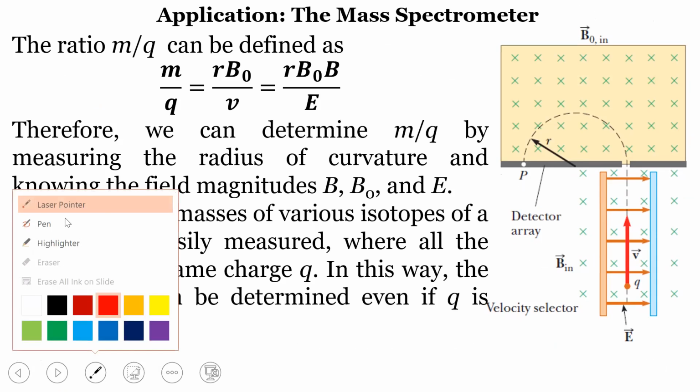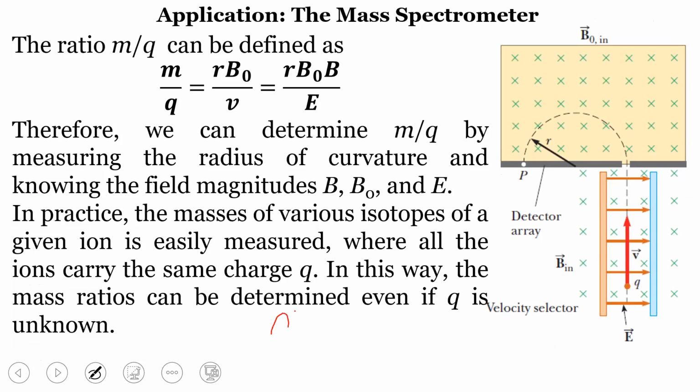So I will say mv over qb equal to r. From this expression, we can determine m over q.